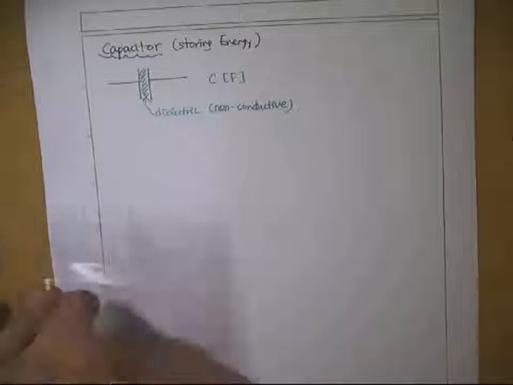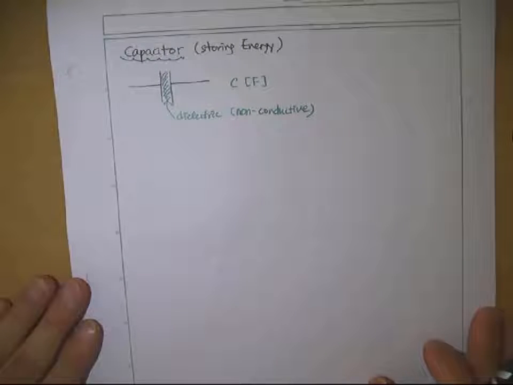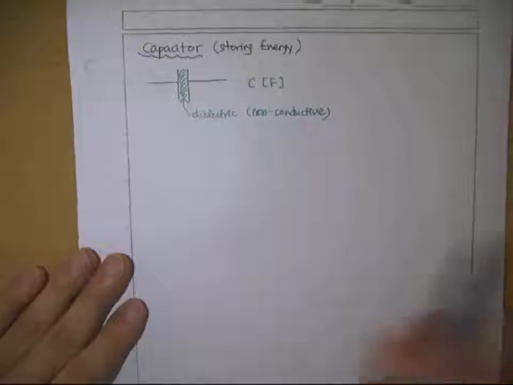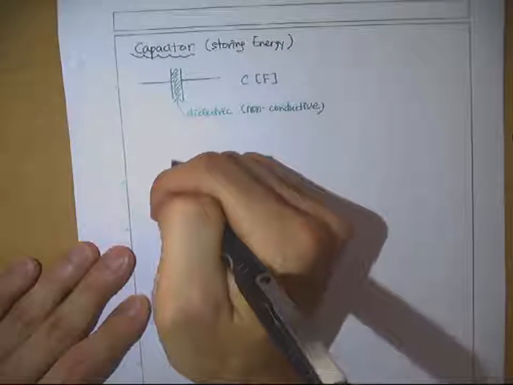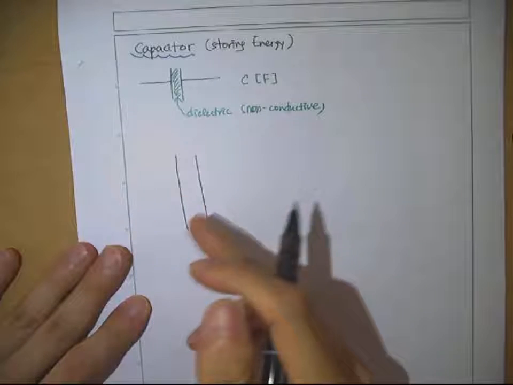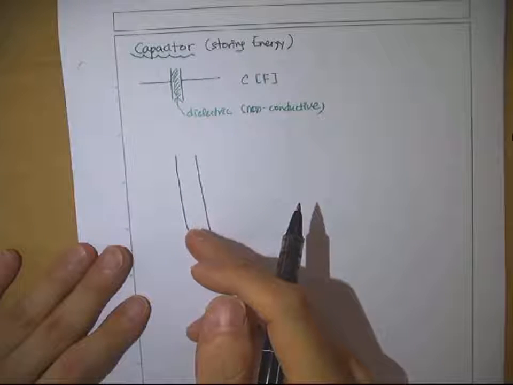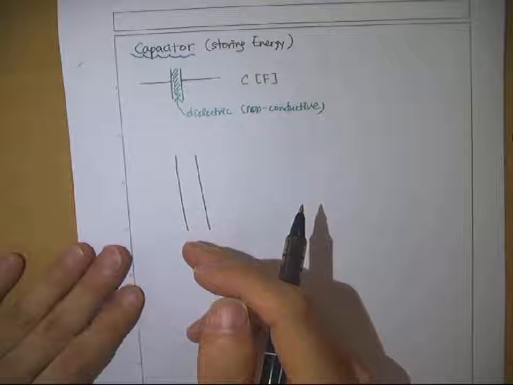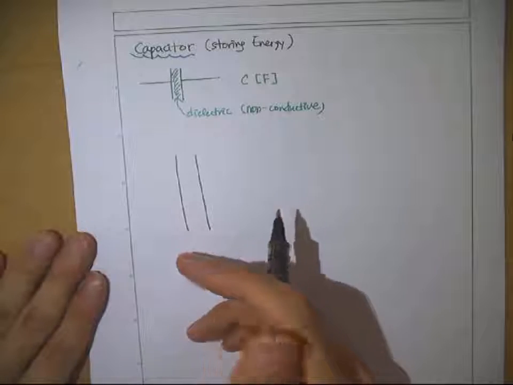And so, a capacitor, you can think of just two parallel plates, and in between there's no material. Let's assume that you don't have any material, so it's just free space, the vacuum.